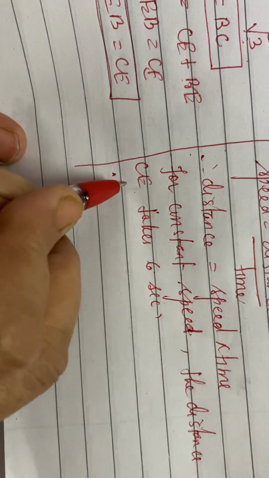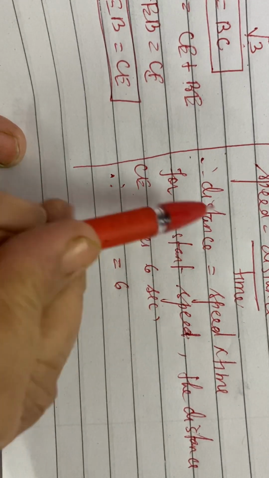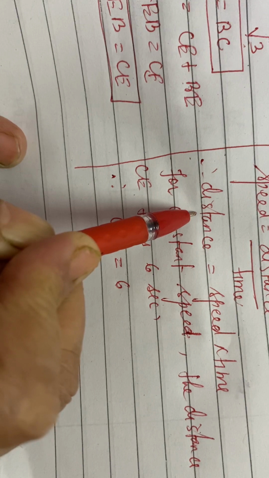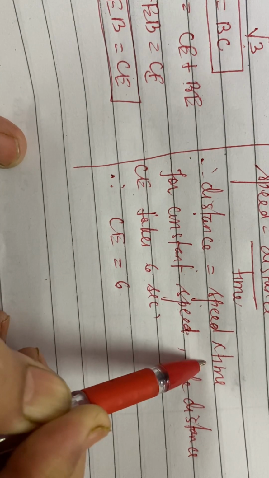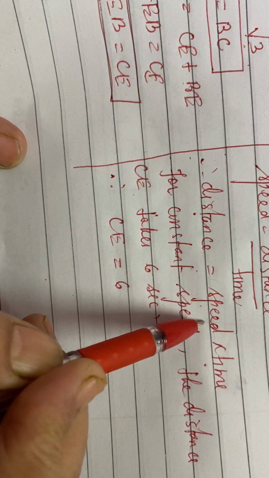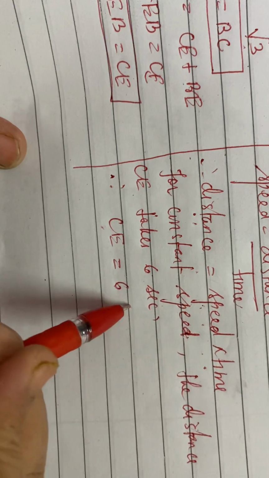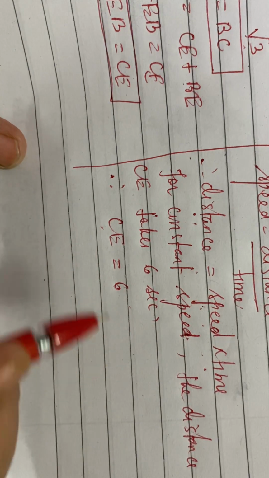So CE is equal to 6 here. Distance CE is equal to 1 into 6, since we are taking speed as uniform, that is, unity. So CE is equal to 6 seconds.